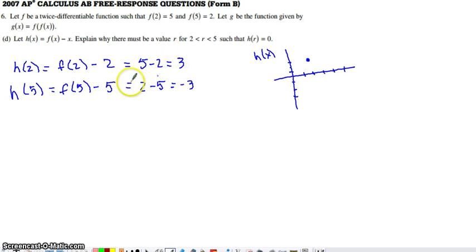That's from this top calculation, and (5, negative 3) is on the graph of h. So as long as we can verify that h is continuous as we go from this point to this point, we're going to be able to use the intermediate value theorem to say that h has to be equal to 0 at some x value in between 2 and 5.